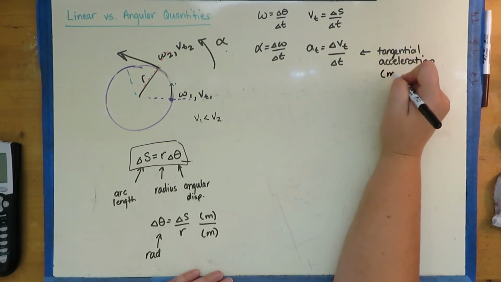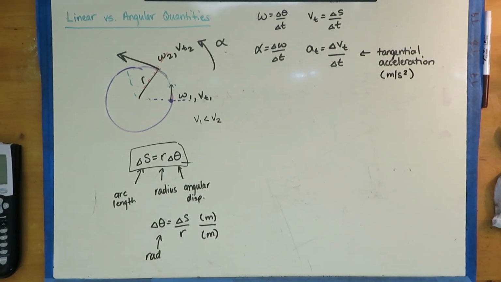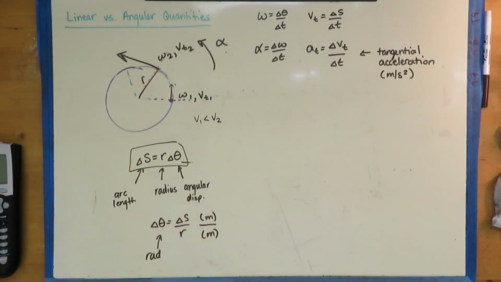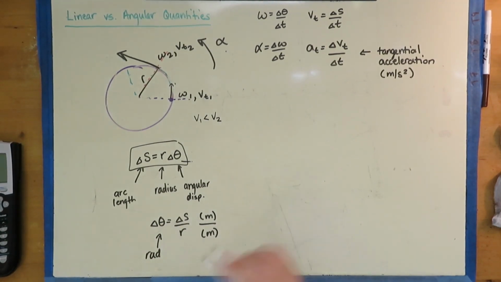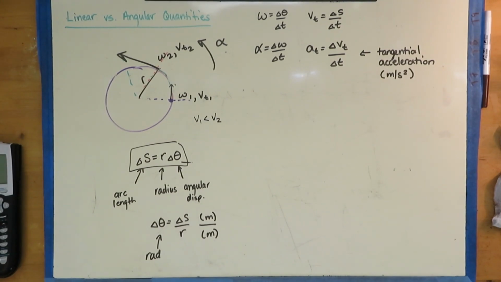It would have units of meters per second squared, just like a regular acceleration. It is a linear acceleration. It's not the only linear acceleration, so we have to be careful. Our speed is only in this direction, but we actually have different definitions of acceleration here, which we have to be careful of. But our definition of tangential acceleration is the change in tangential velocity over the change in time.